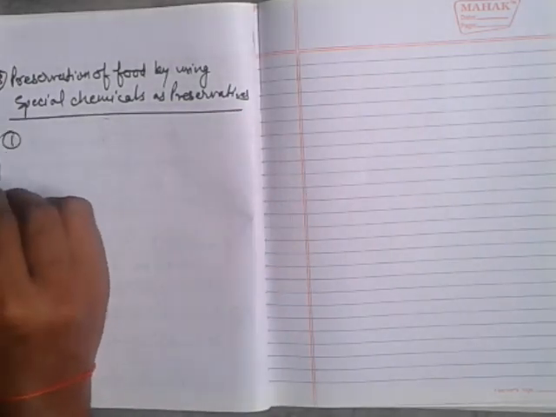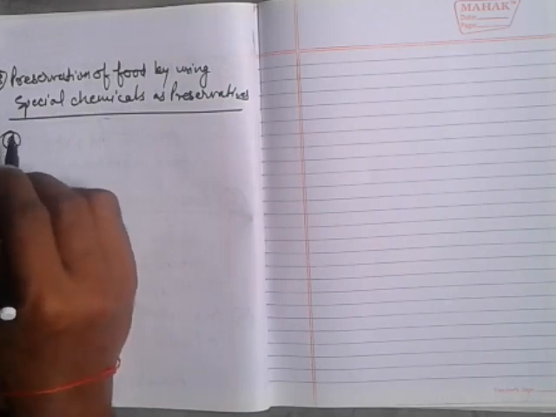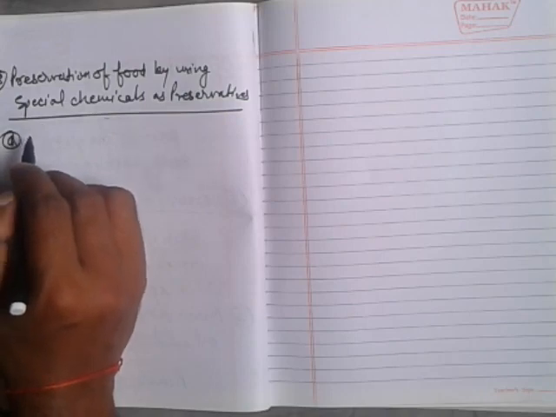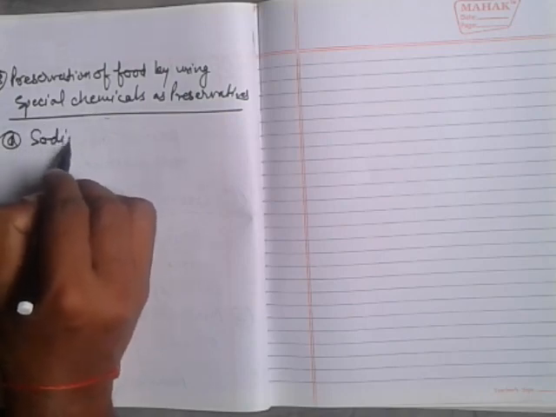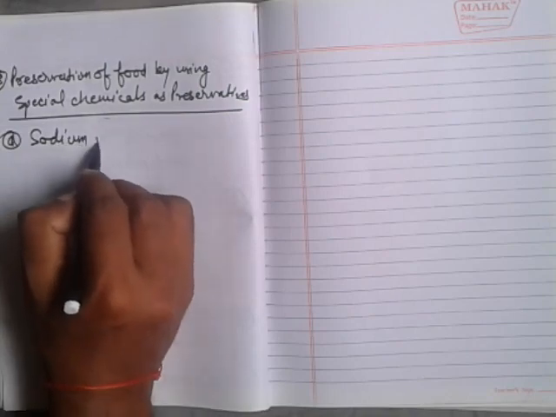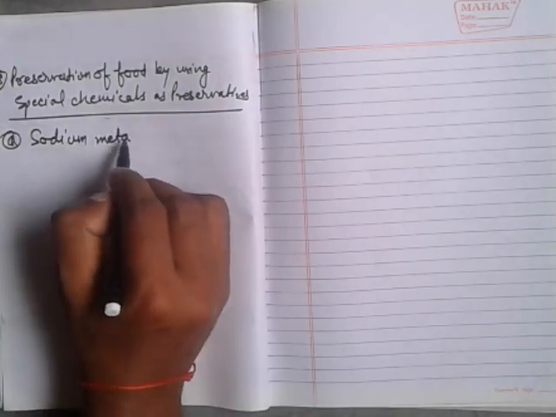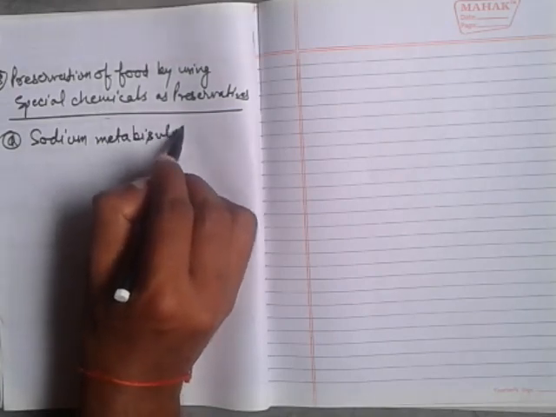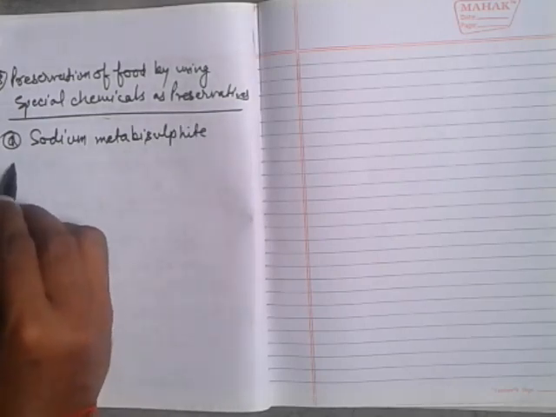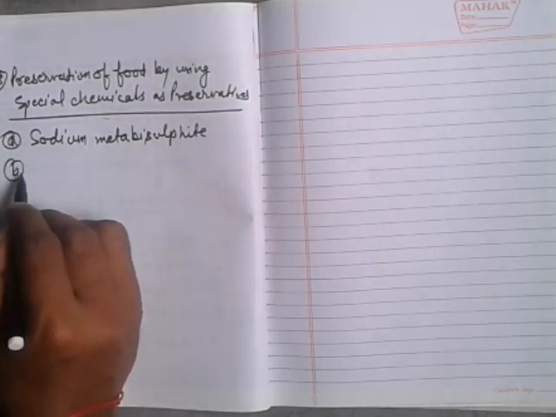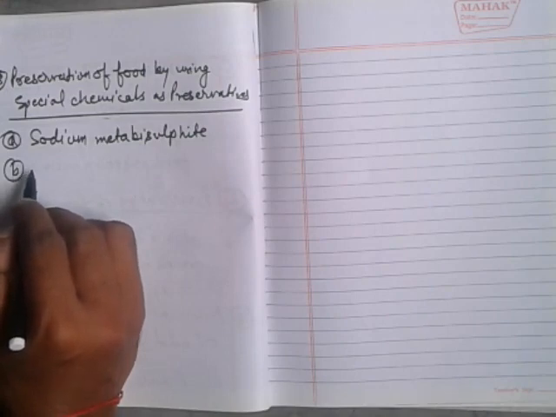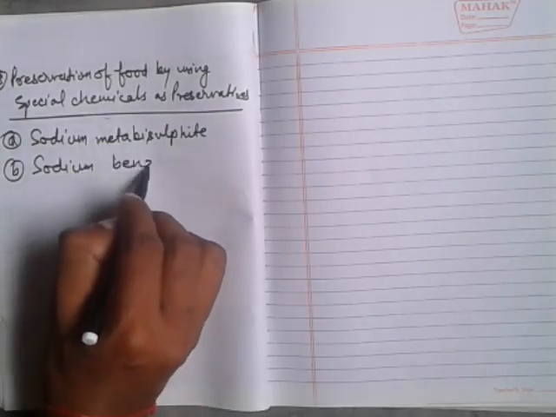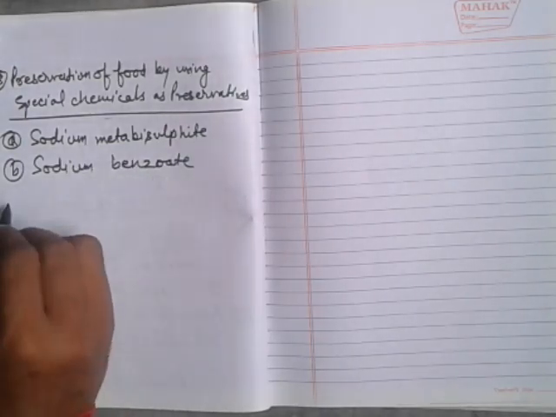Some common chemicals which are used for preservative: sodium metabisulfite, sodium benzoate, these are the chemical substances.